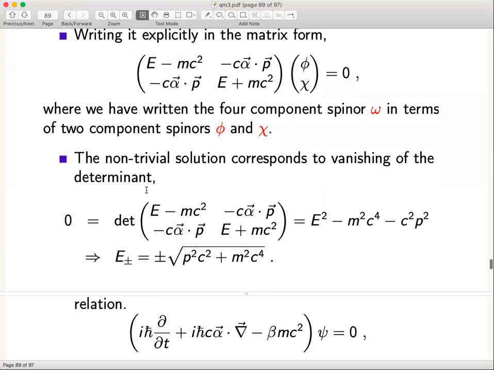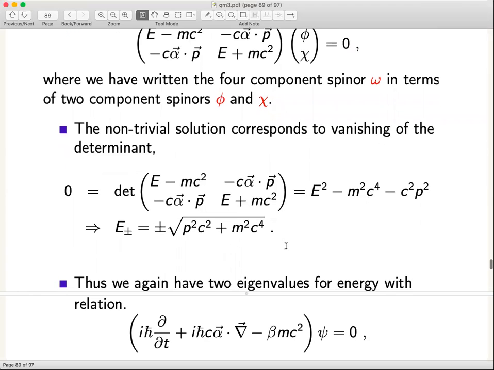So what we'll do is that the non-trivial solution, of course, would correspond to this quantity being 0. This is like solving a secular equation. The determinant is, of course, E squared equals P squared C squared plus M squared C to the 4. And there we are back with the plus or minus sign. Although we wanted to avoid that sign, you are back with that sign again.